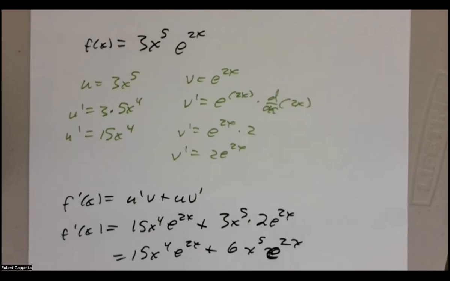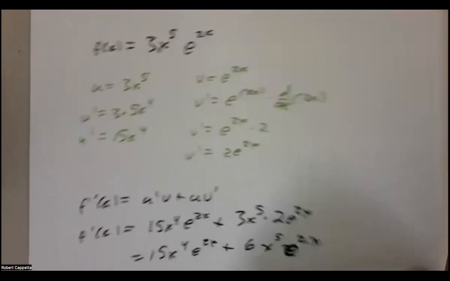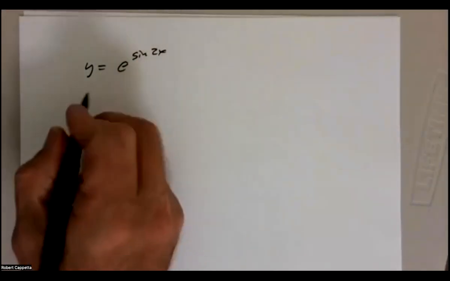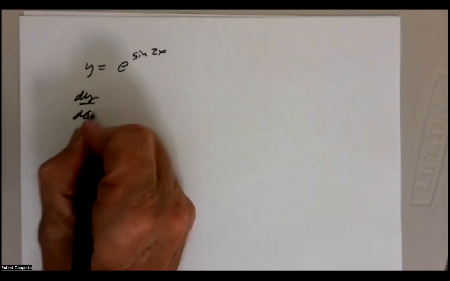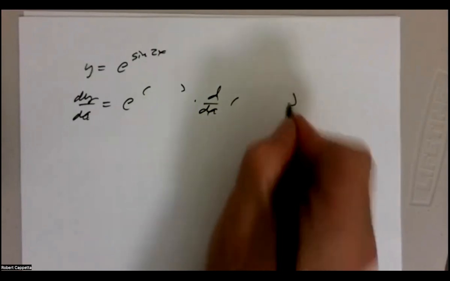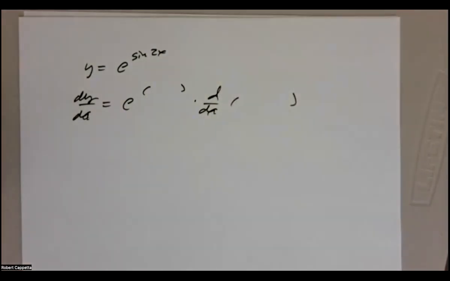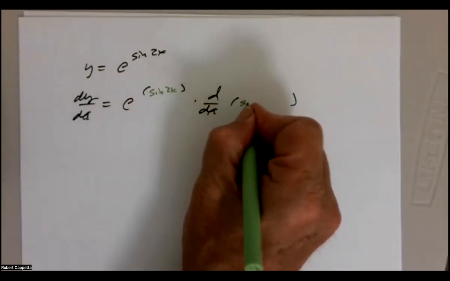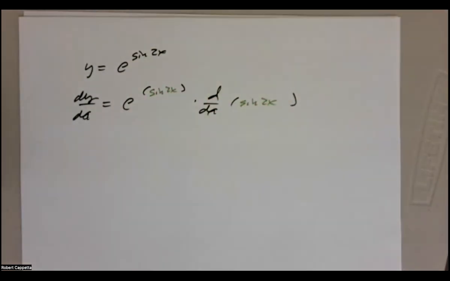Then we have one more in this set of problems. Take a quick look at that one. Find dy dx when y is e to the sine of 2x. So what is dy dx? The derivative of e to the something is e to the something times the derivative of the something. As we keep doing chain rule over and over and over again, kind of important. Like I said, maybe the most important thing in the class.